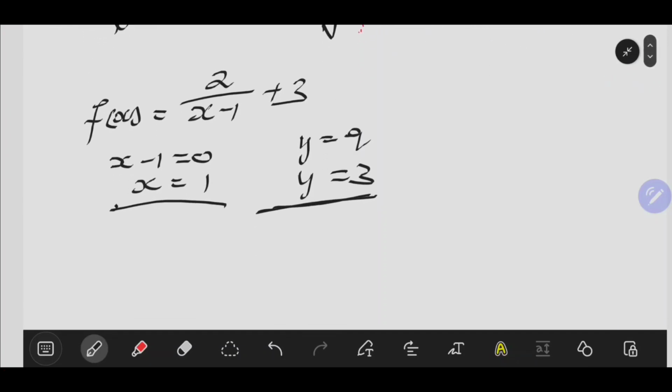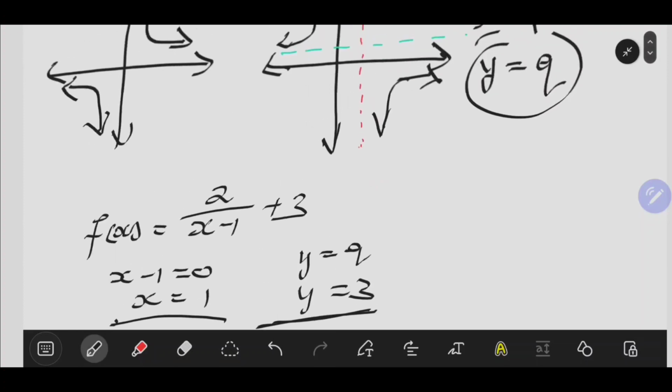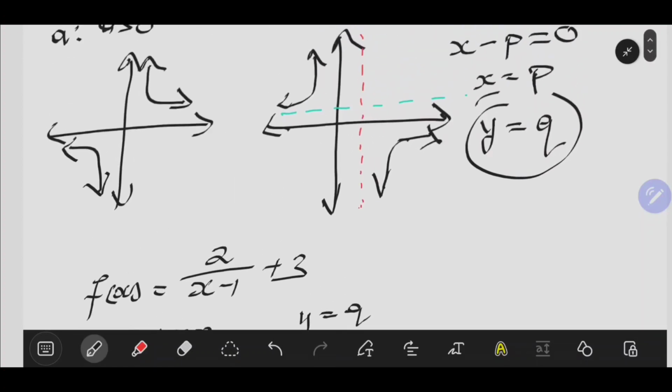Then the other thing that I want us to check is what we call the axis of symmetry. We know that when we talk of the axis of symmetry, it's a line whereby we have to divide the graph into two equal parts.